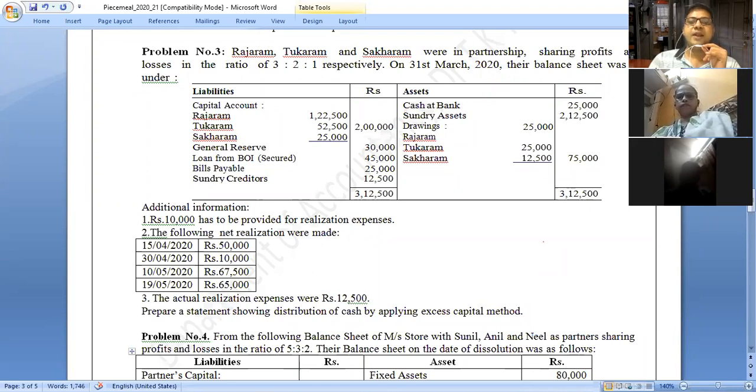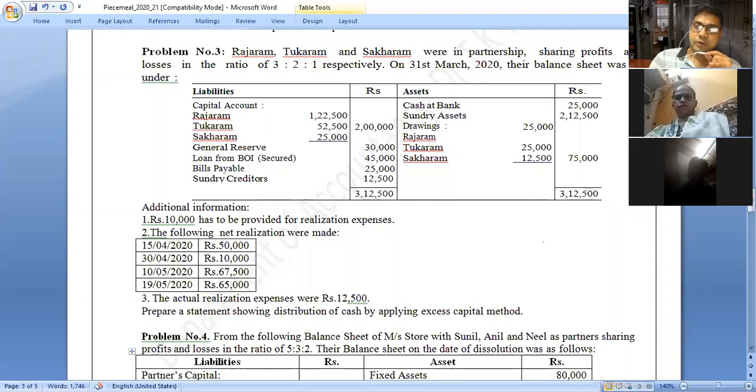If only one partner is holding and the other two partners are nil, we will not repeat the steps. You have to keep these things in mind. Here Rajaram and Tukaram have excess capital. Therefore, we are repeating step number 1 to step number 5.